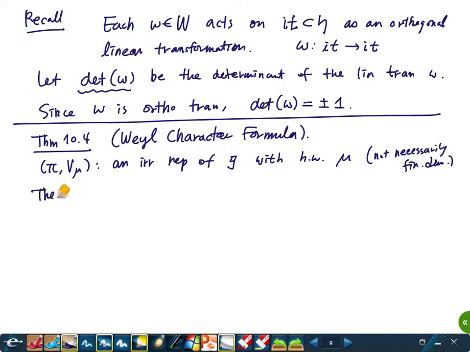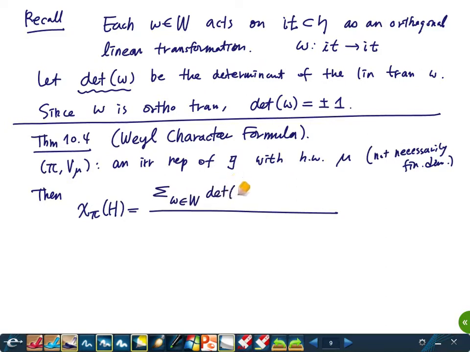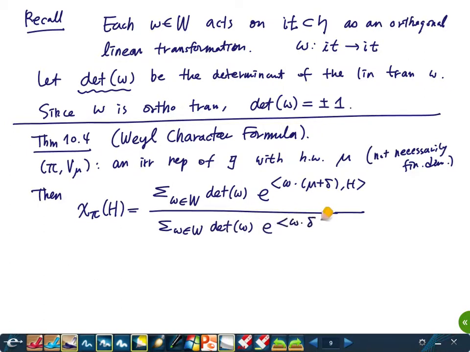Then the character can be computed as a ratio: the sum over all Weyl group elements w in the Weyl group, of the determinant of w times e to the w applied to mu plus delta, h, over the sum over w of the determinant of w times e to the w delta, h.